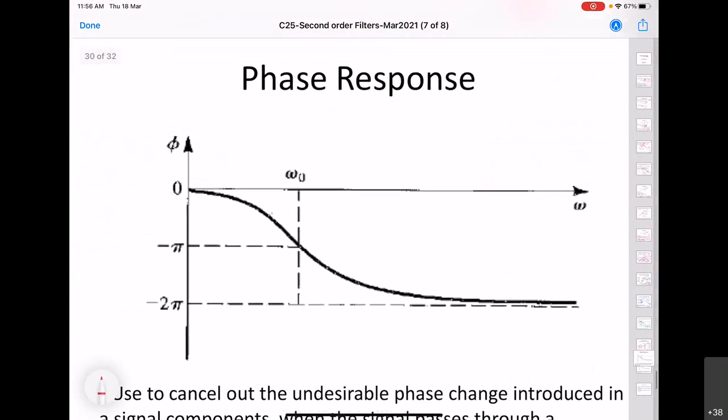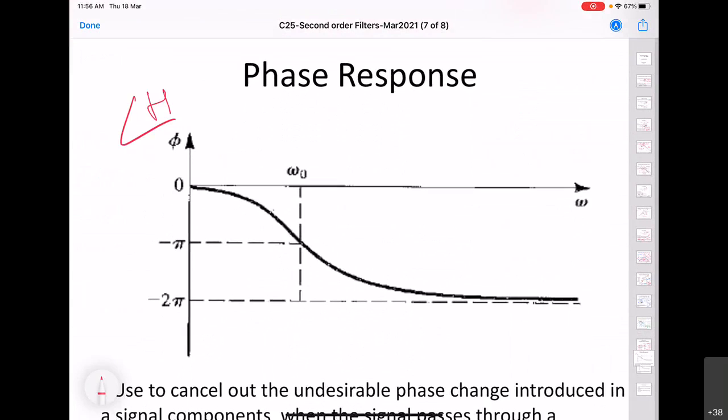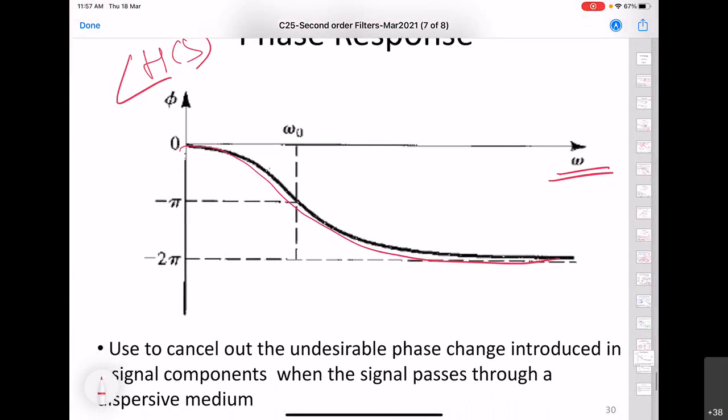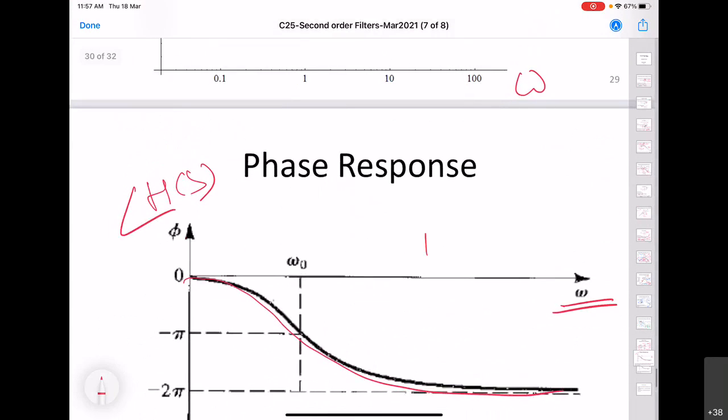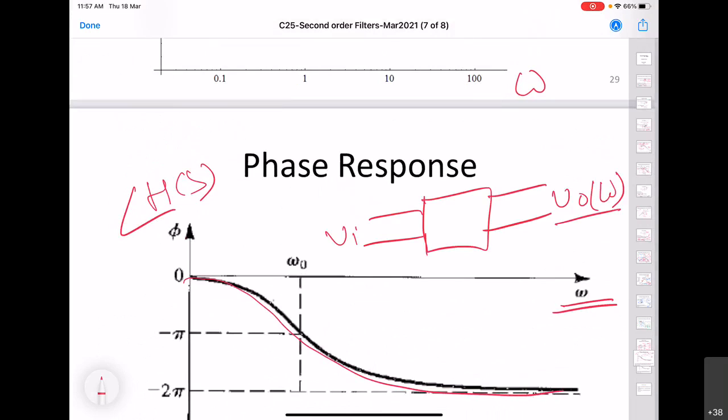Here, if you see the phase response, this is the phase of the transfer function. We see that the phase changes with the frequency. It no longer remains flat. So where will we require this kind of filter? There are certain circuits where the output will gain a certain phase.